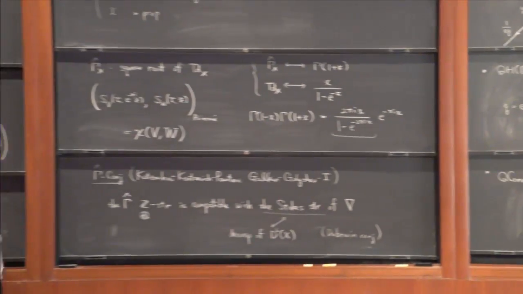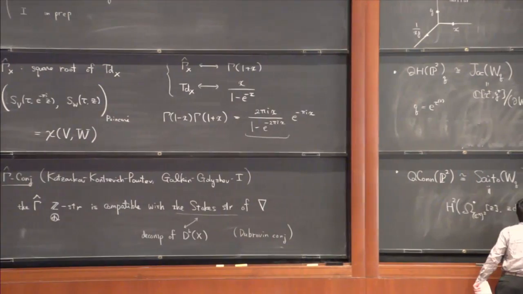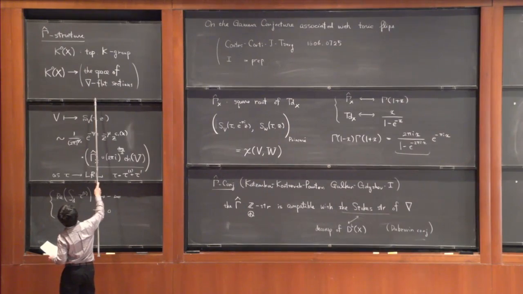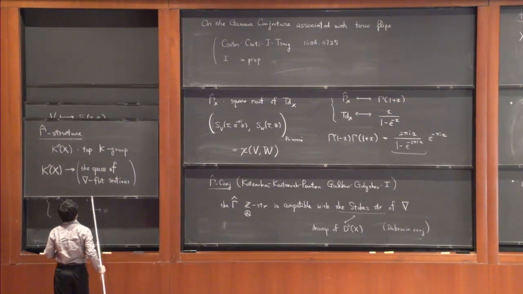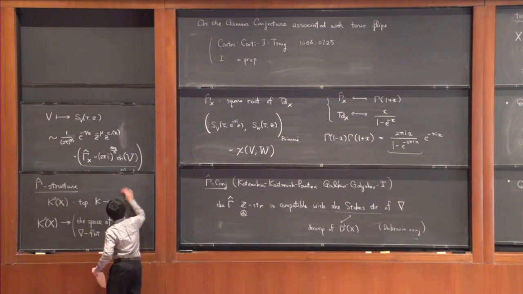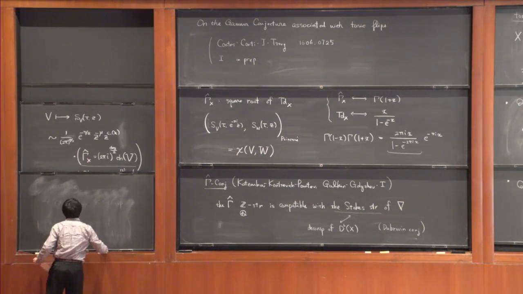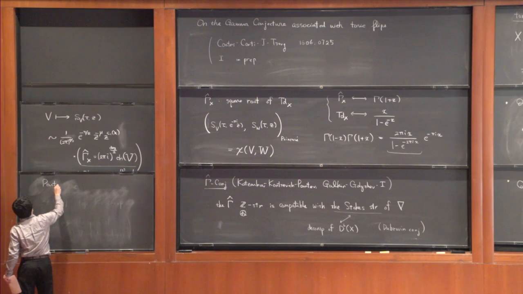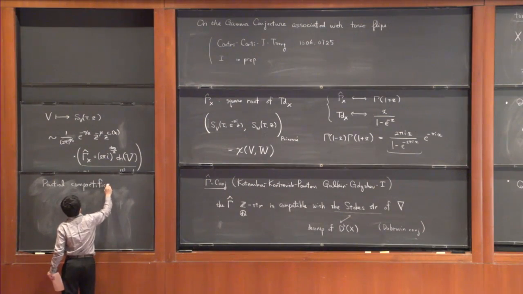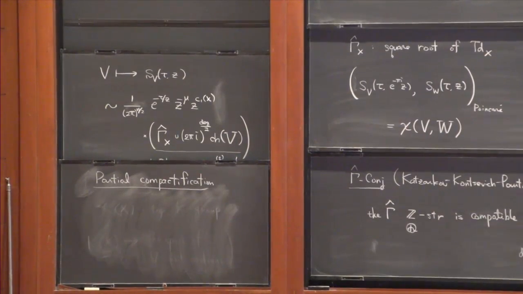And for the purpose of my talk, I want to consider some partial compactification of this picture, of this equivariant Hori-Vafa mirror, which is somehow an obvious compactification.